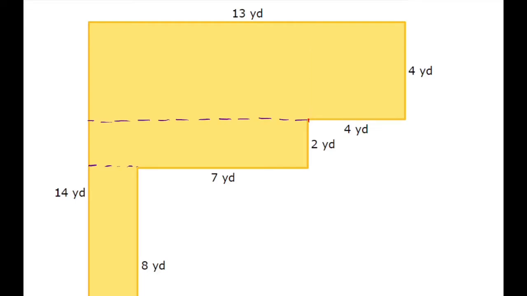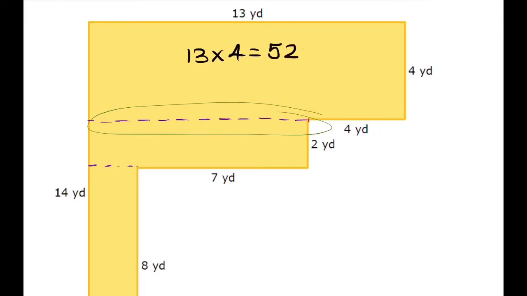But sometimes if you're having a tough time, if you draw little guidelines like these that cut across where the shape's being cut from, then it might make it easier to visualize what's going on with the picture, or with the shape. So for the first one right here, we've got an area that is 13 times 4. So if we do that, the area of that one is going to be 52 square yards.